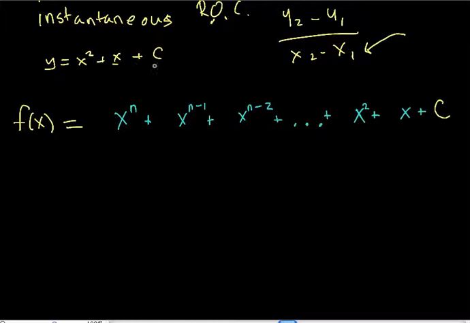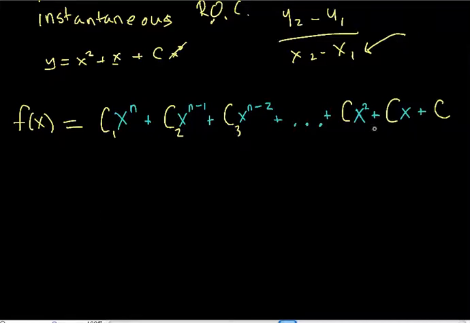It goes 2, 1, and this constant is really a constant times x to the 0, so we won't really count that.